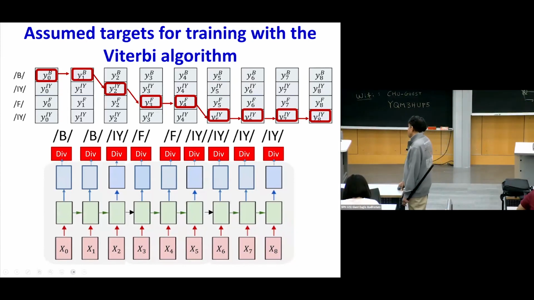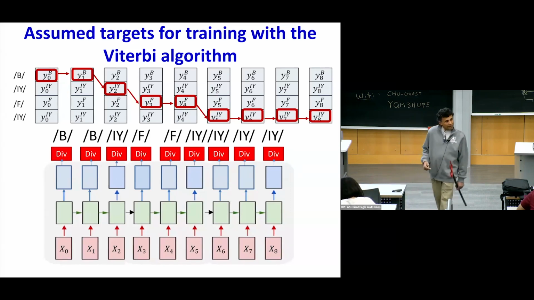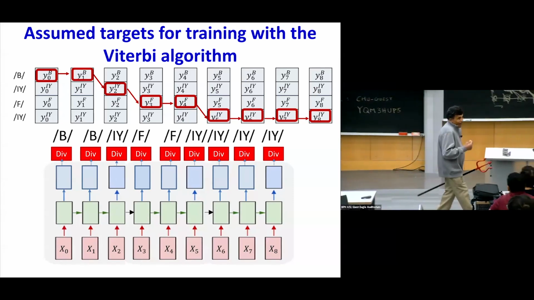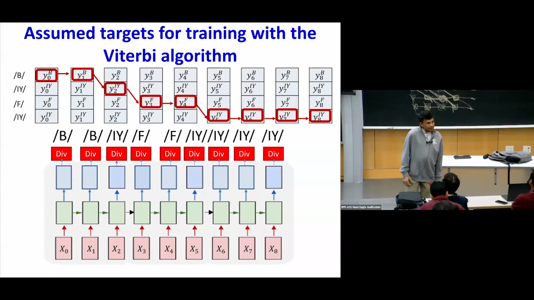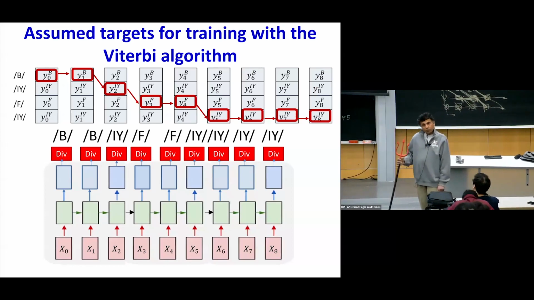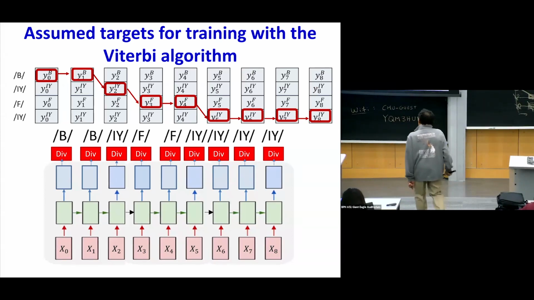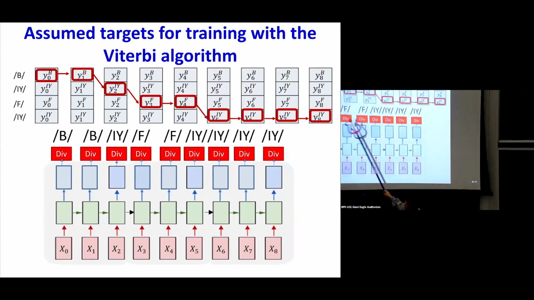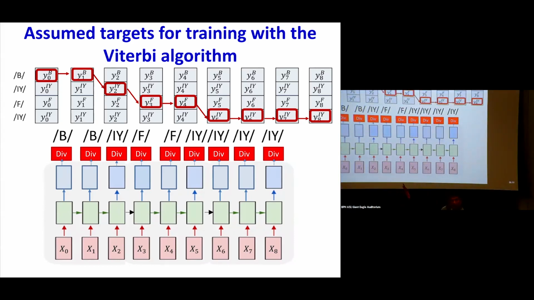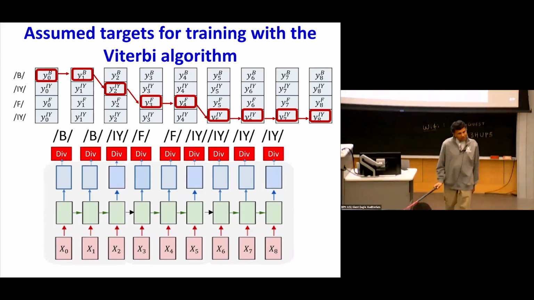So here's what happens at the end of it all. Viterbi decoding actually gives you the most likely alignment for the input, right? And now that alignment becomes a guess for how the symbol sequence was aligned to the input. And so if this was your best path, then you can just use that as the target that you're training the model to, right?